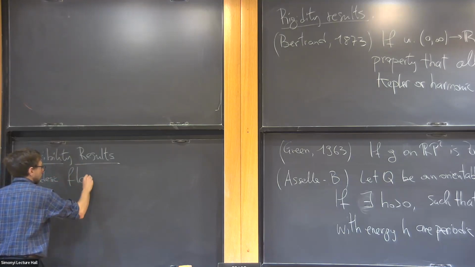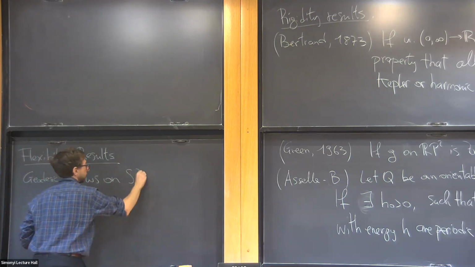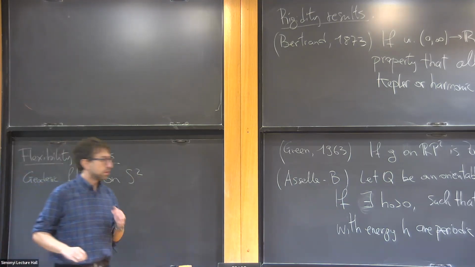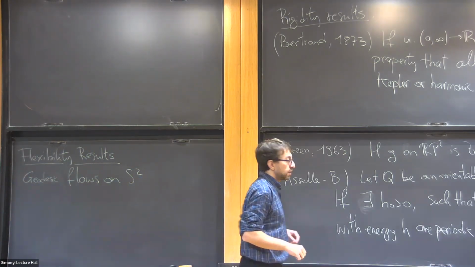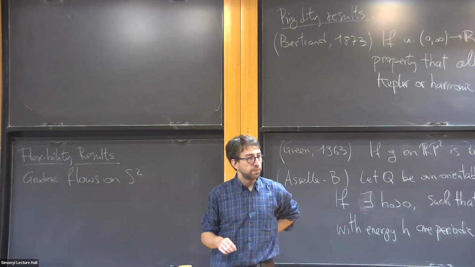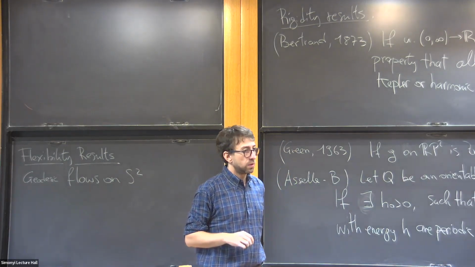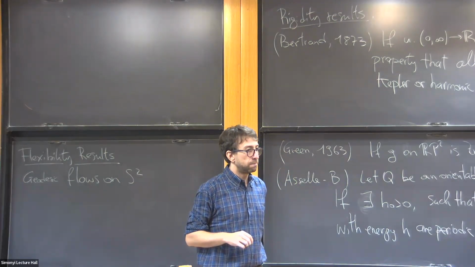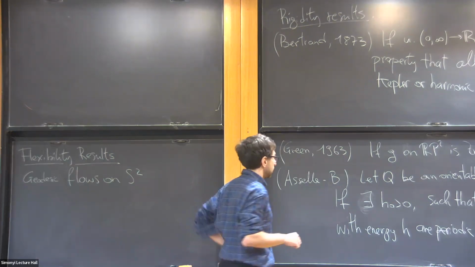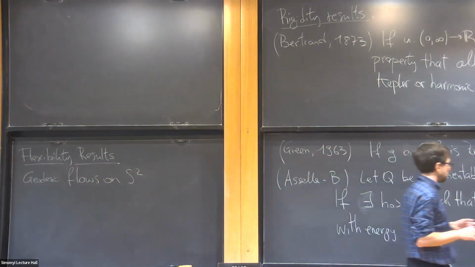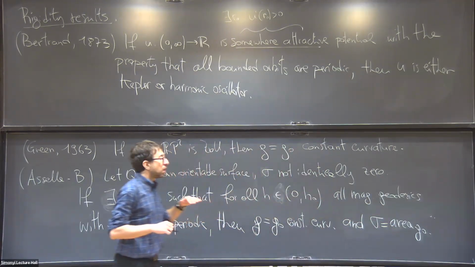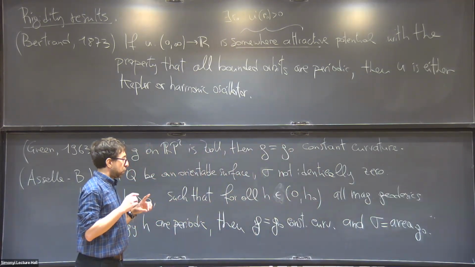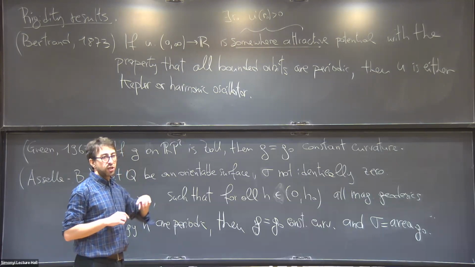Sorry, can I ask another question? Yes. Is the other direction true for any genus? Like, if you take a constant curvature metric and you take this sigma on any surface, do you get Zoll? Yes, that is true. If you take constant curvature and sigma is the area form, then you get Zoll, but you need to specify which energy you're taking.